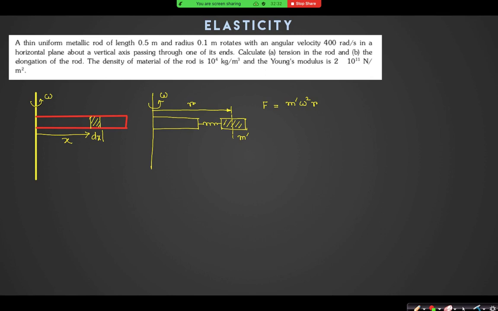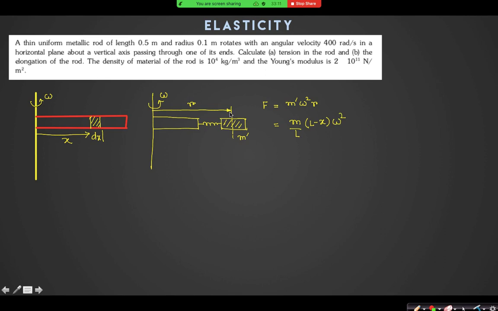It is m omega square into L square minus x square by 4 and 12. M prime, you can see m prime is equal to m divided by L into L minus x. Yes or no? Omega square into r.